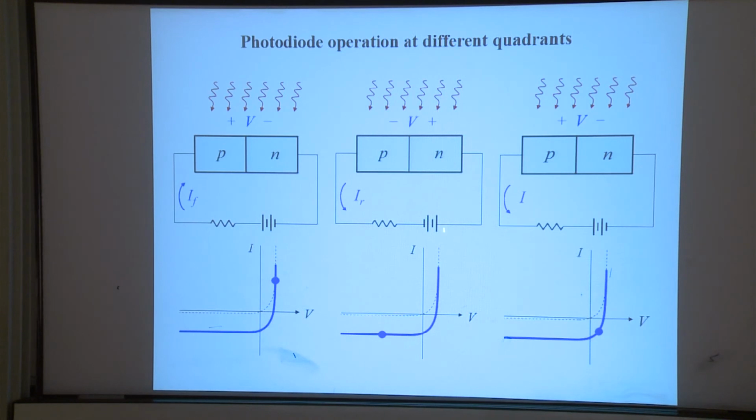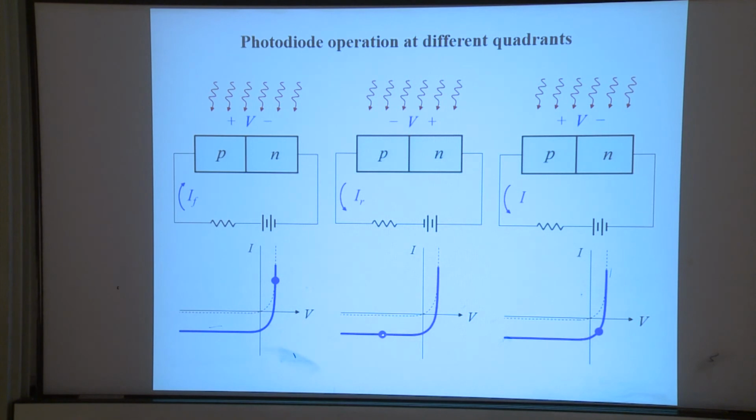The third quadrant is reversely biased. This reverse bias forces the current to flow reversely. And with the help of the light, the reverse current is no longer insignificant. It's very significant now, all right?